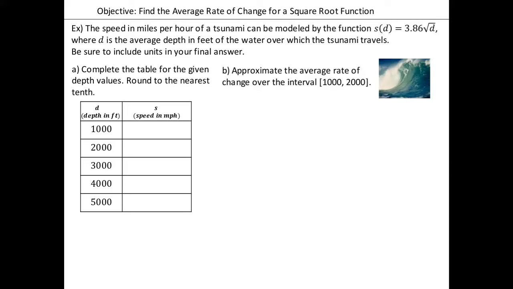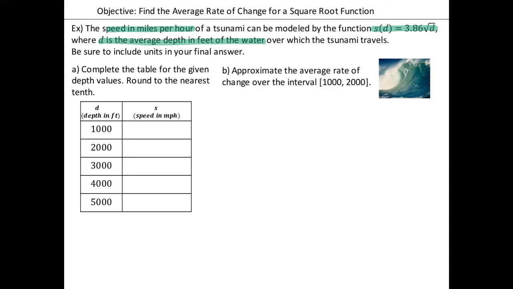So the context says that the speed in miles per hour of a tsunami can be modeled by the function s of d equals 3.86 times the square root of d, where d is the average depth in feet of the water over which the tsunami travels.